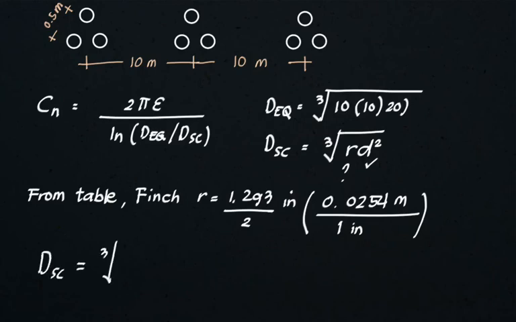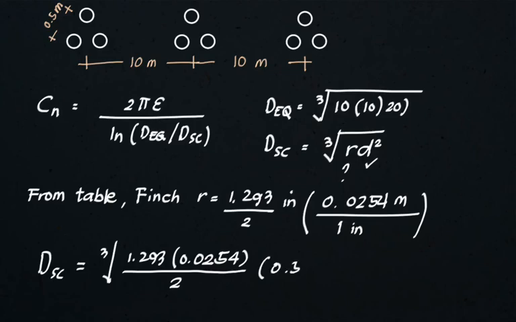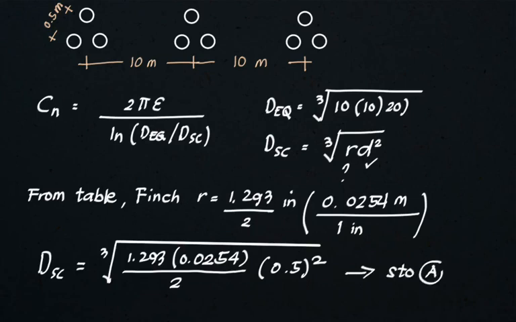And then plugging in all those, we have 1.293 and then 0.0254/2. That's for our R. That D squared will be 0.5 squared, and then the cube root of that will give us a value.